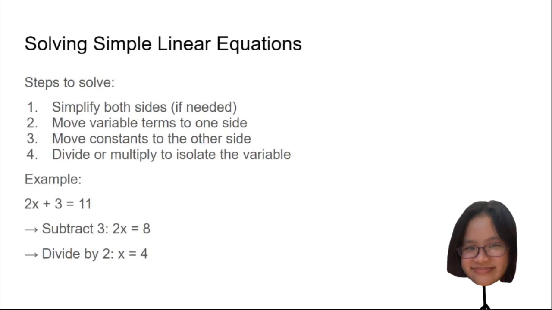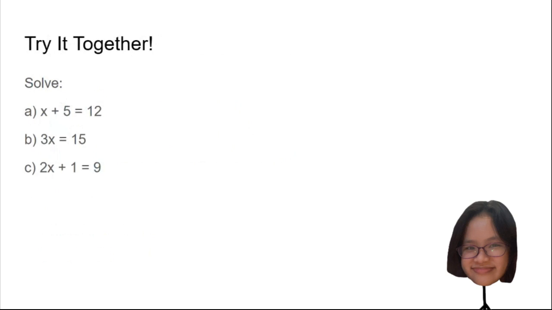Firstly, we have to subtract 3, which will become 2x equals 8. Then we have to divide both sides by 2, which will make it x equals 4. We divide by 2 since we want the x to be alone so we can find it. Now we're going to move on to the next slide, which is a practice.